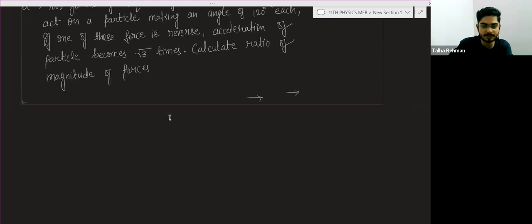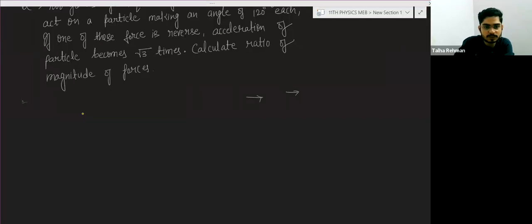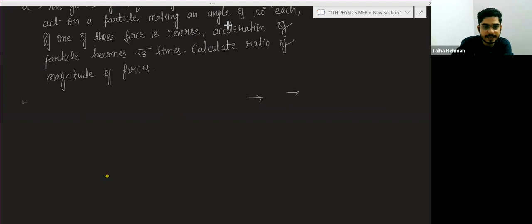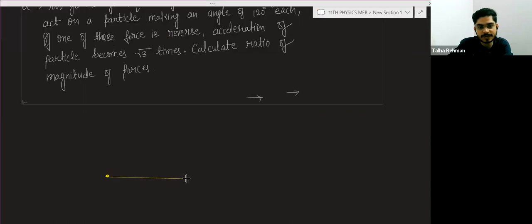See what is happening here. Suppose this is the particle, and on this particle forces are acting like this. One force is acting like this, and another force is acting like this.